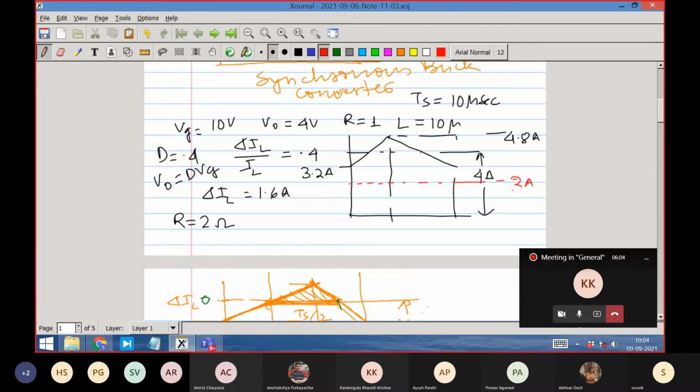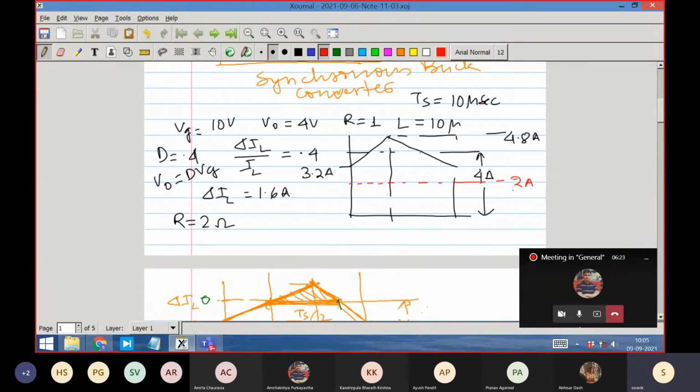You can think qualitatively. Does the current ripple depend on R also? Where did you see that? In the delta IL by IL expression, where is R? Vg is not changing, V naught is not changing.